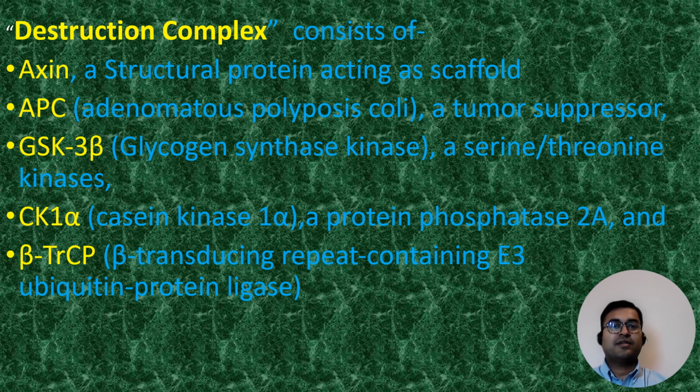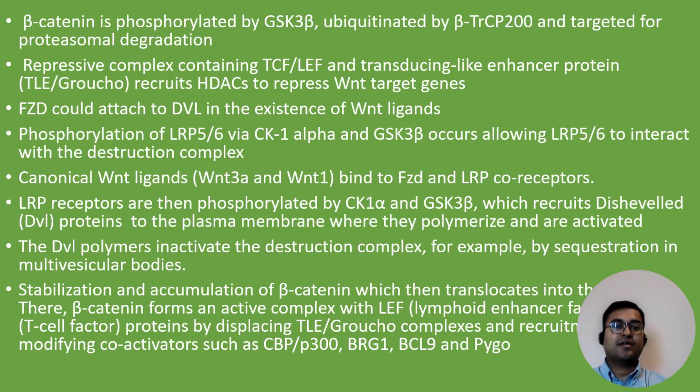In the canonical Wnt signaling pathway, we talked about the destruction complex. Now, what is this destruction complex? These are proteins which consist of Axin, GSK3 beta, CK1 and beta-TrCP.